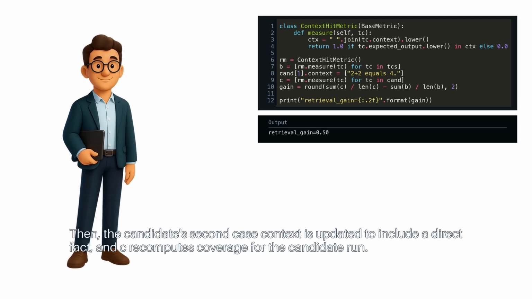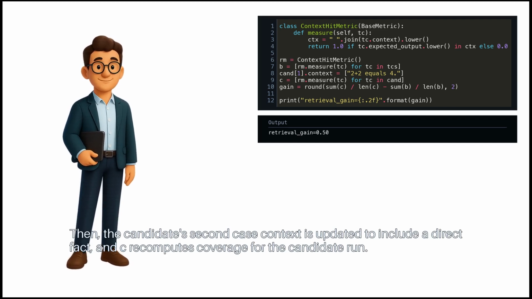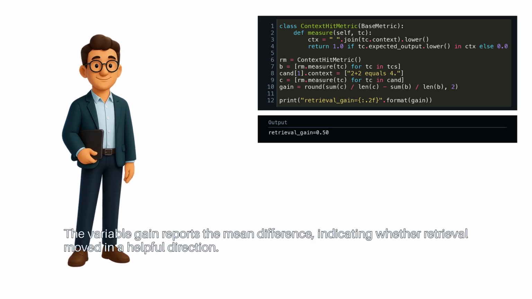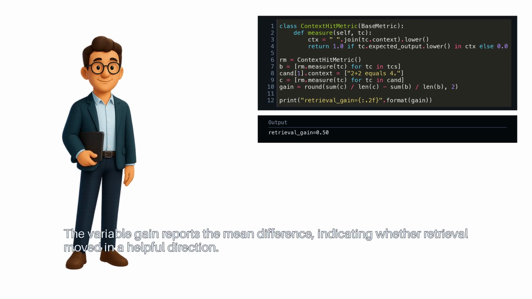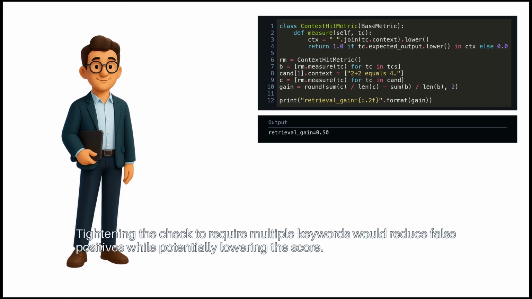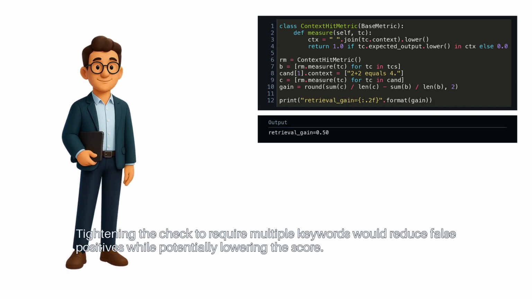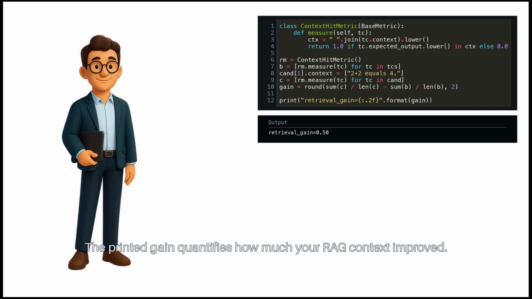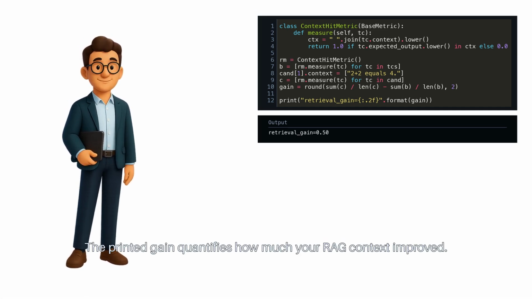Then, the candidate's second case context is updated to include a direct fact, and c recomputes coverage for the candidate run. The variable gain reports the mean difference, indicating whether retrieval moved in a helpful direction. Tightening the check to require multiple keywords would reduce false positives while potentially lowering the score. The printed gain quantifies how much your RAG context improved.